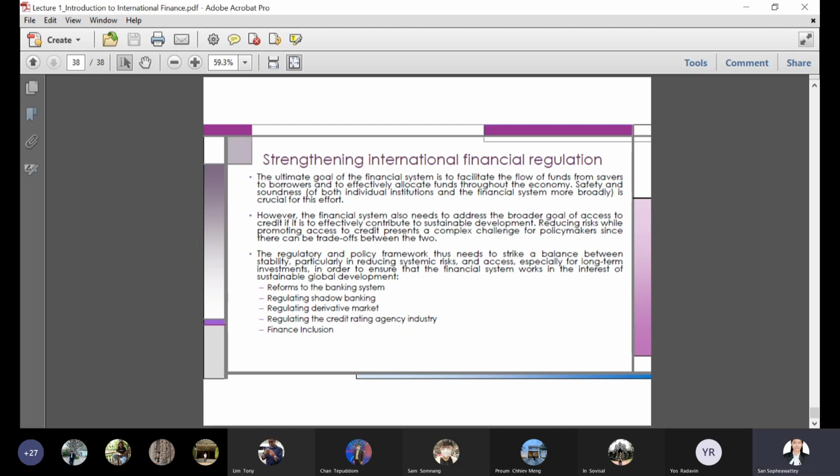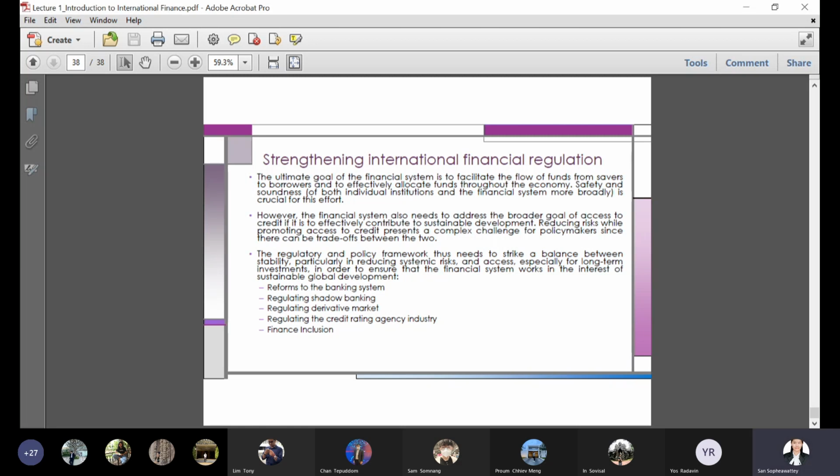So there were a lot of questions after the GFC about what those credit rating agencies were doing. Then we started to have regulations on the credit rating agencies to minimize any risk in the future.